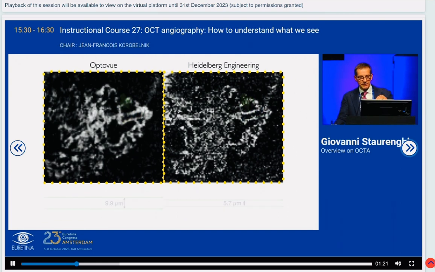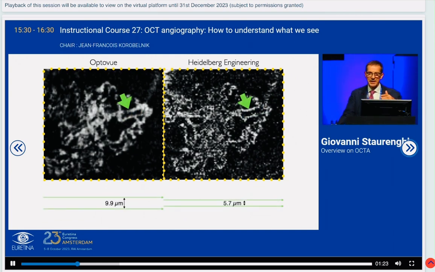You remember that the en face image is obtained from different B-scans, and the distance between one B-scan and another is filled in by the computer. So if you have B-scans closer to each other, of course the vessels can appear smaller than when you have more space.